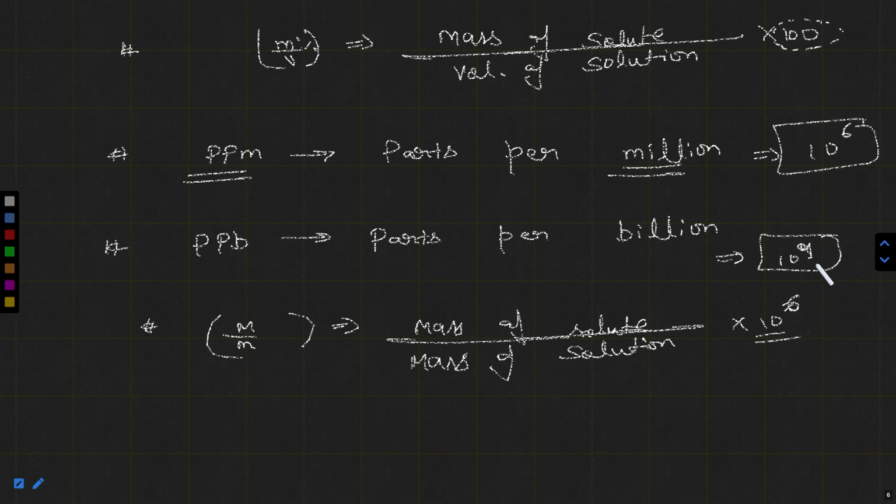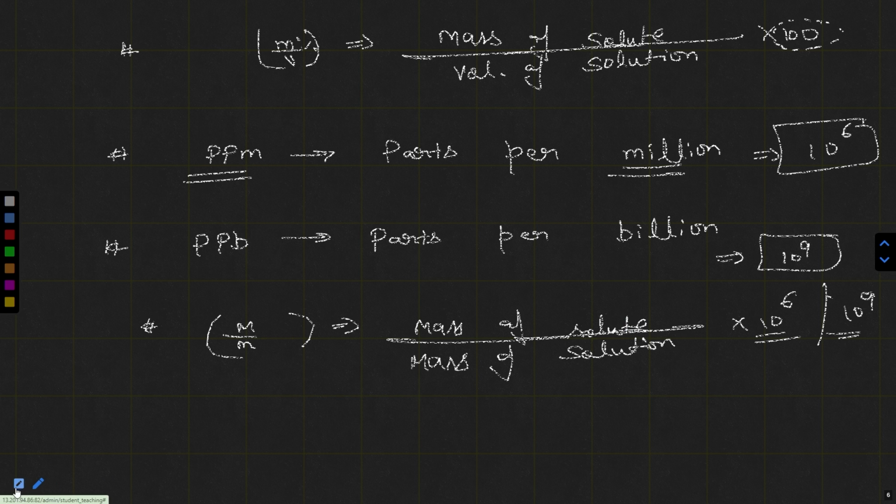If you want to calculate in ppm, multiply with 10 raised to the power 6, and if ppb, multiply with 10 raised to the power 9. By this way you can calculate the concentration in terms of ppm and ppb.